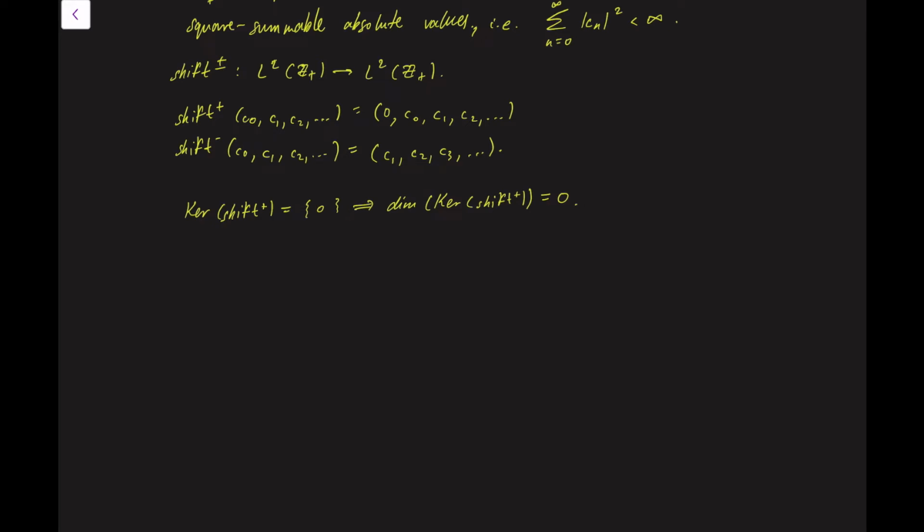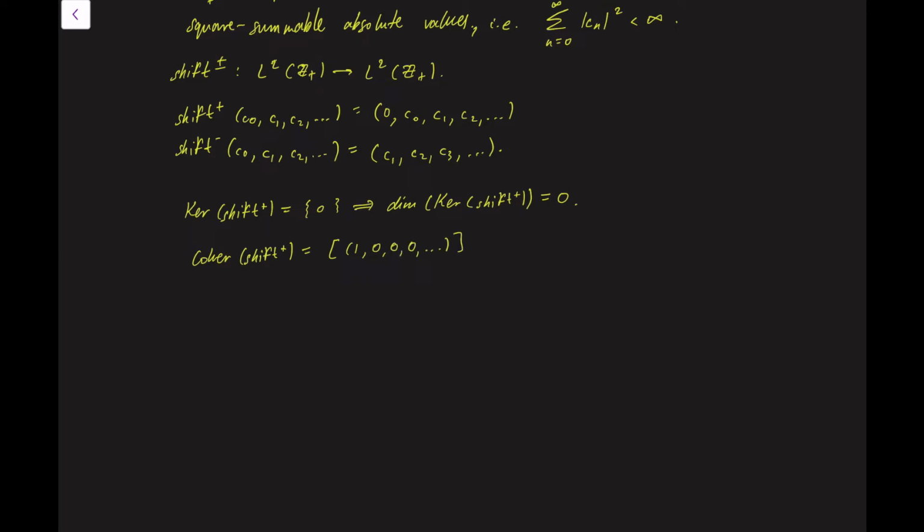And that's the sequence, so the co-kernel of shift plus contains the equivalence class of 1, 0, 0, 0, and so on.